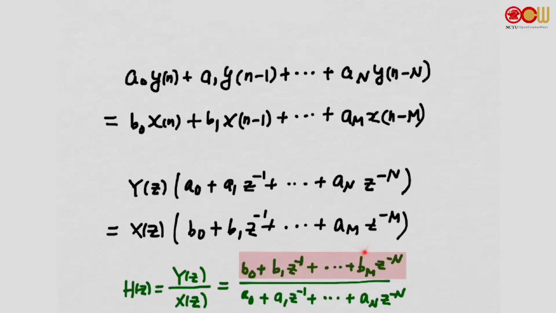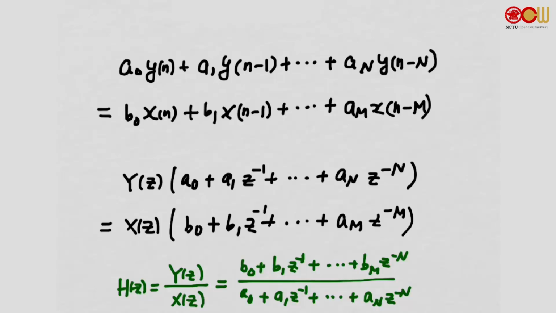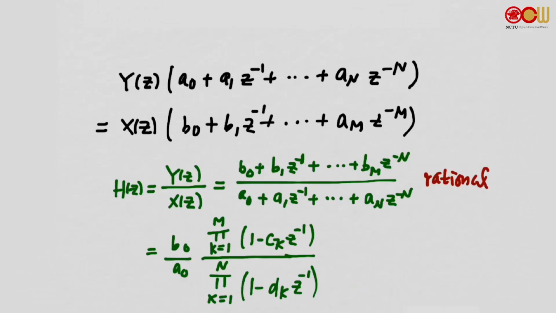For both the numerator and the denominator, we can convert them into polynomials in z. So this is actually a rational system. We talked about systems governed by linear constant coefficient difference equations, and we have talked about rational systems, but they are actually the same thing.